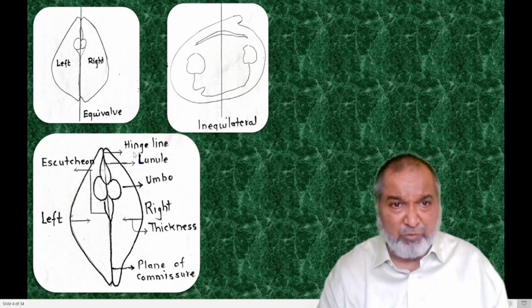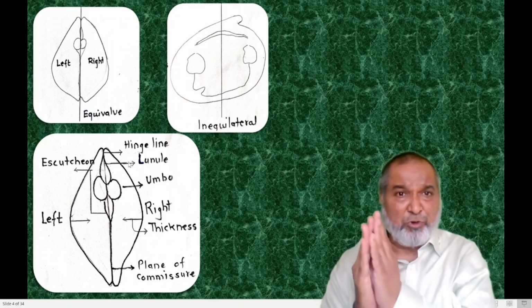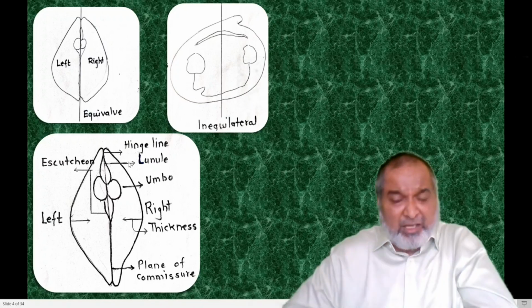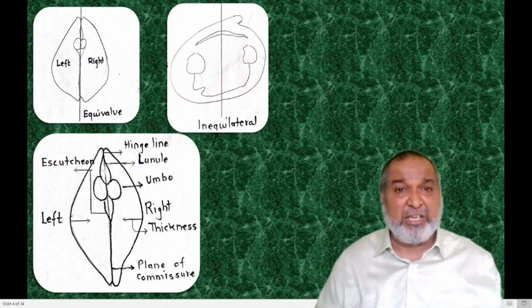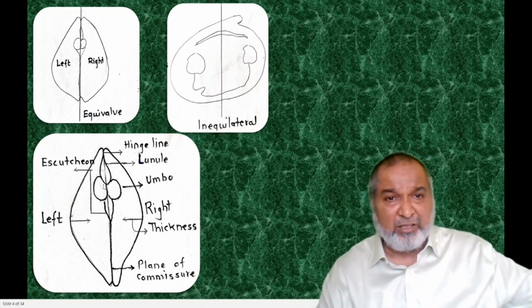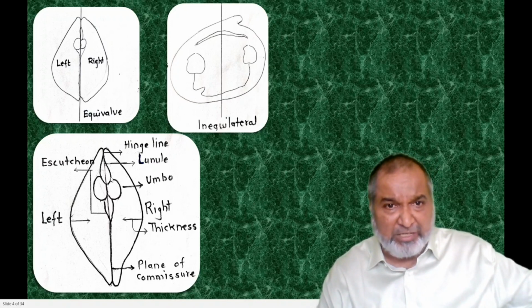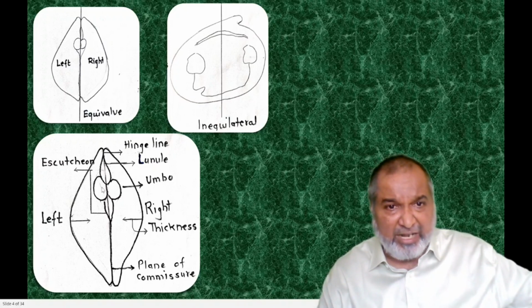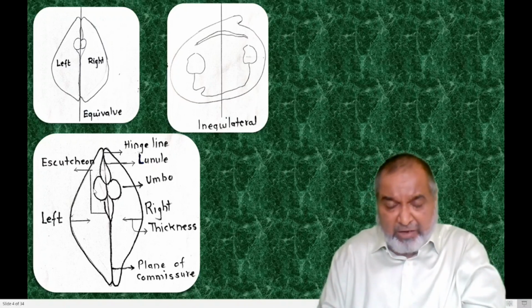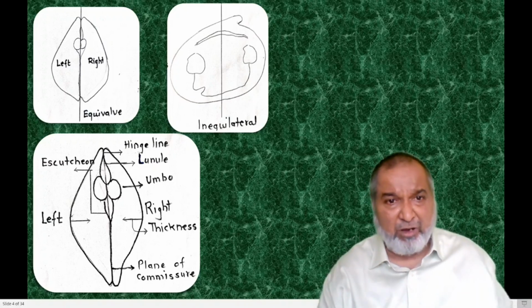Now the next one, when you close your two hands, you'll see the parts which are there. Here the first depression is called the lunule. The next, the two elevated portions on the left and right, these are the umbos.